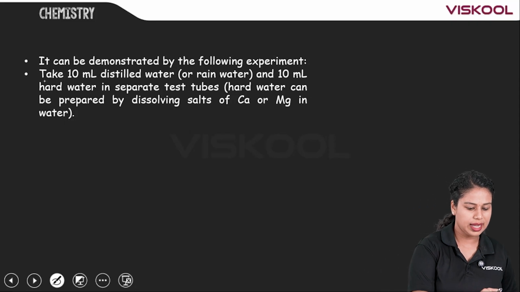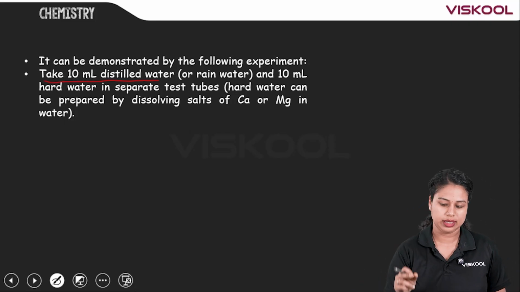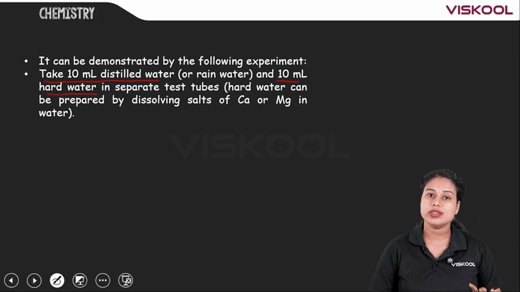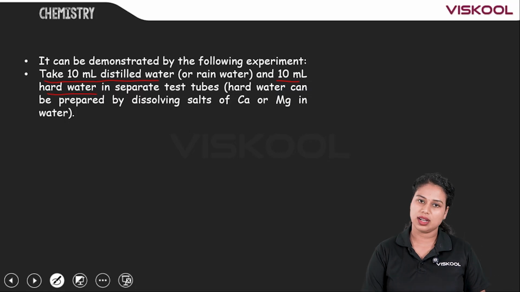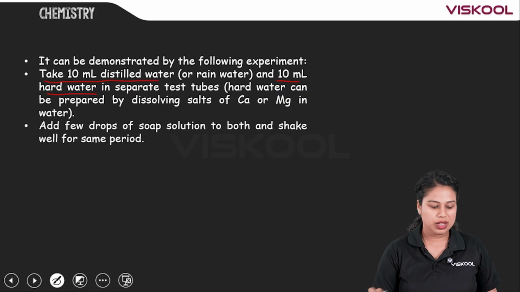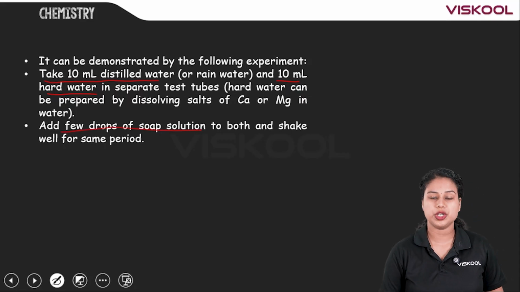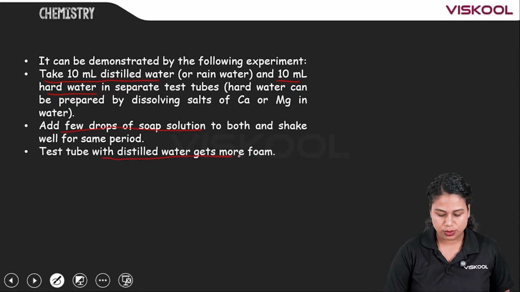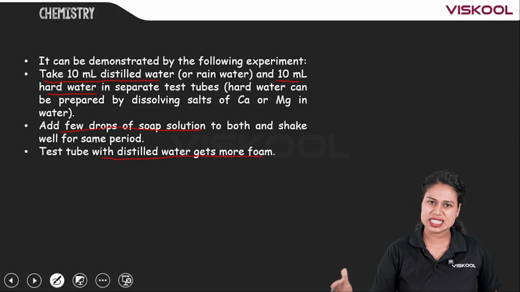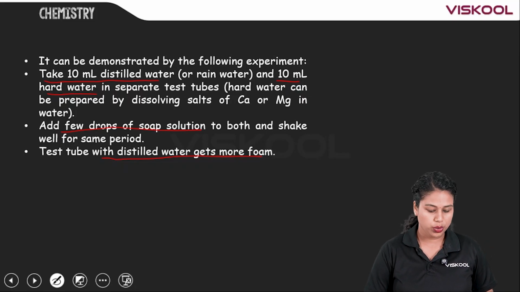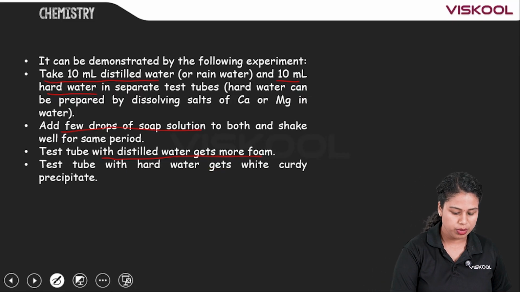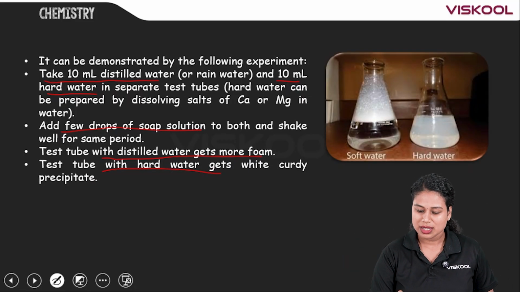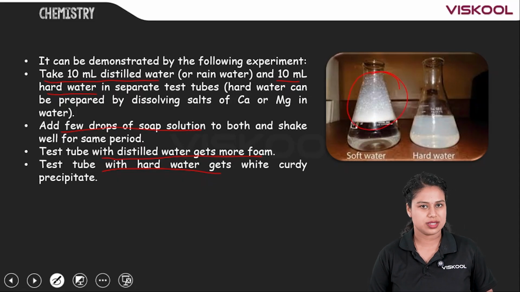Then we add a few drops of soap solution to both and shake well for some time. The test tube with distilled water gets more foam, it easily forms lather, whereas the test tube with hard water gets a white curdy precipitate.